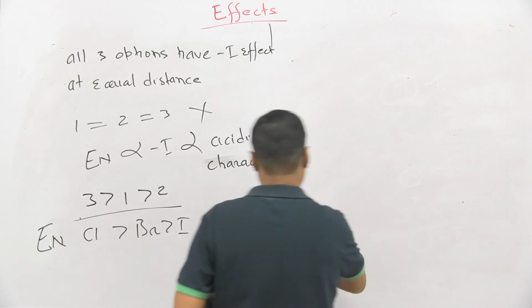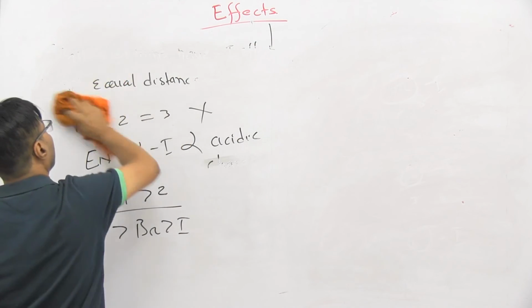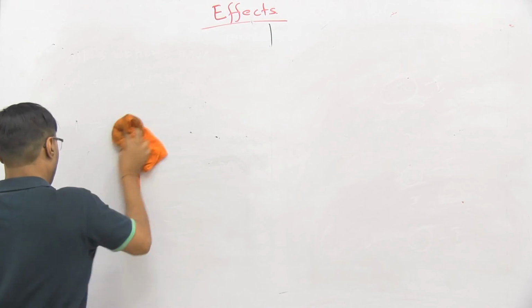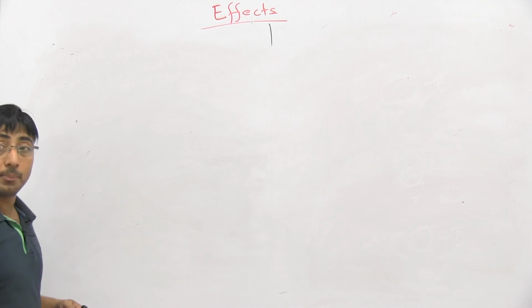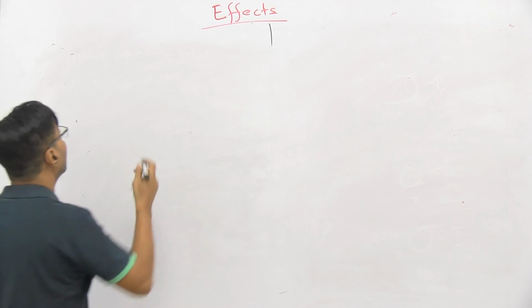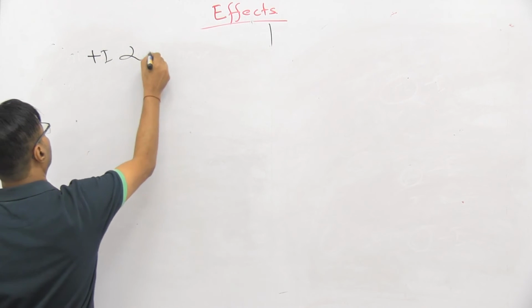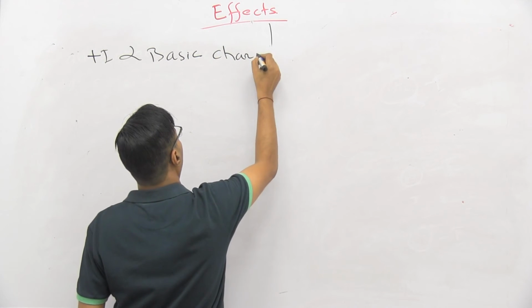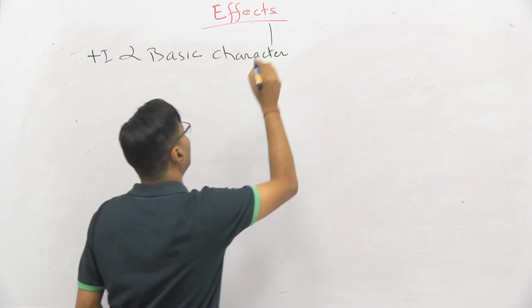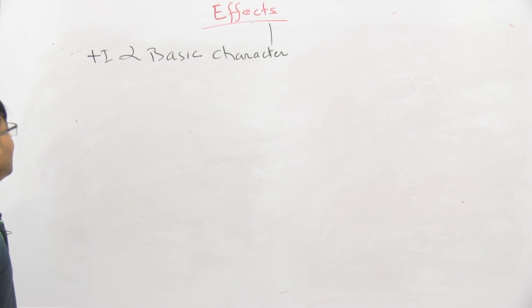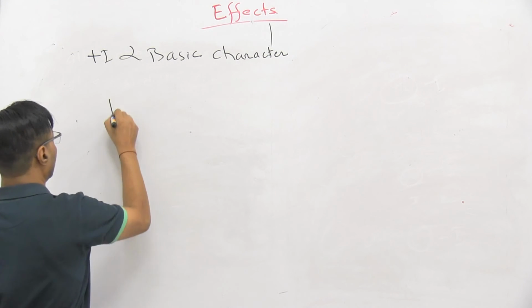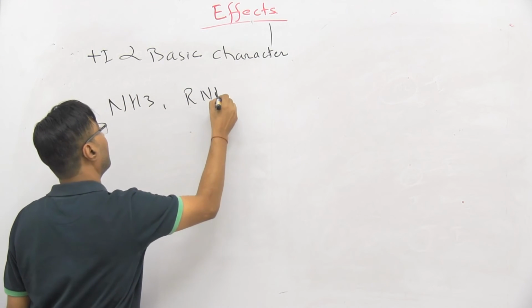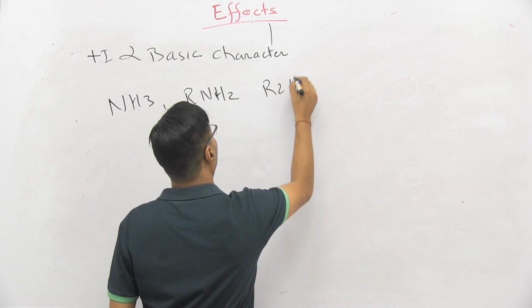If we reverse the trend, we will get the basic character. Plus I effect is directly proportional to basic character. This we have to learn in the amines chapter. Now see how it is. If it is NH3 or NH2R or R2NH.